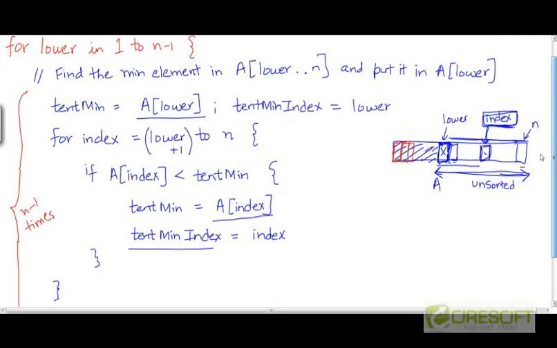And every time we execute this loop, we are trying to determine the minimum element in whatever remains in the unsorted portion. So the length of the unsorted portion is given by the value n minus lower, because n is the highest index, lower is the lowest index. So the number of elements in the unsorted portion is n minus lower plus 1.